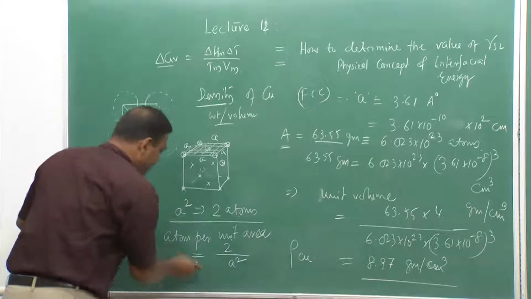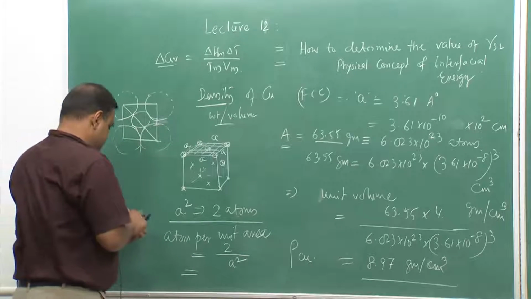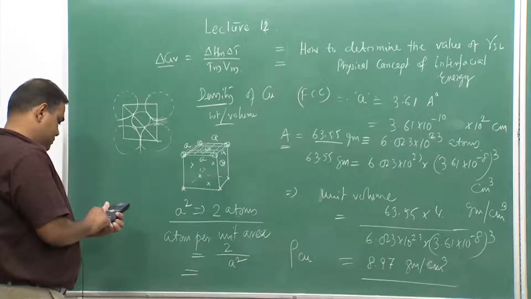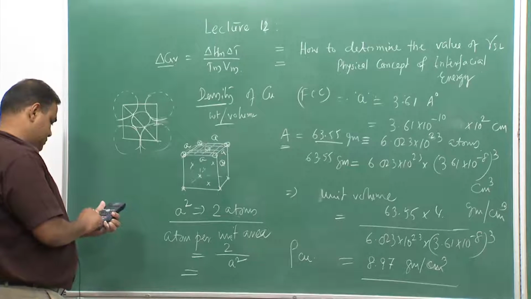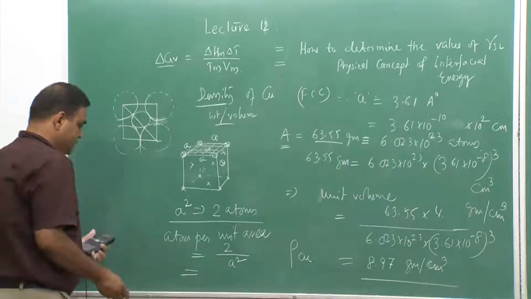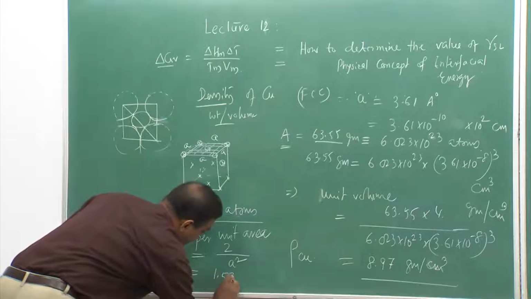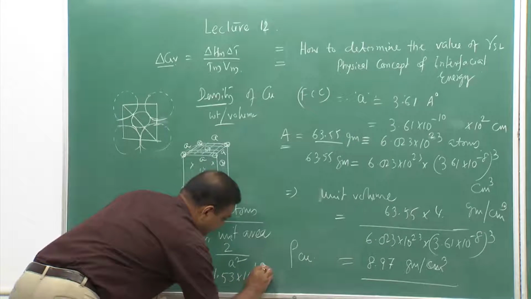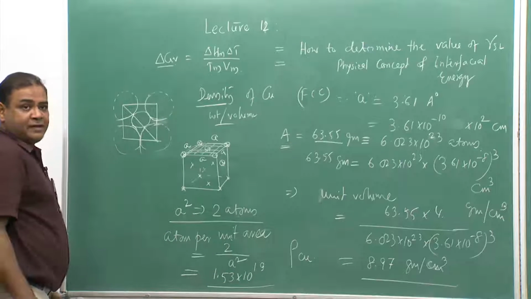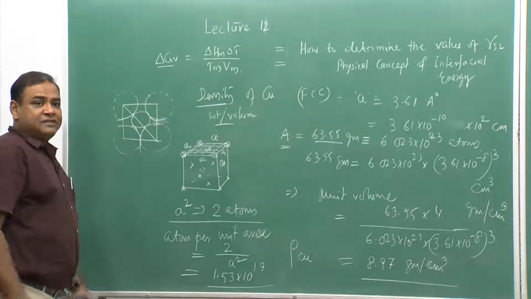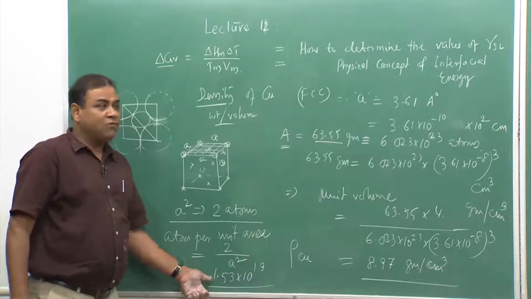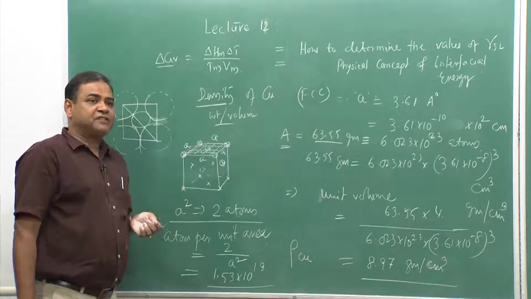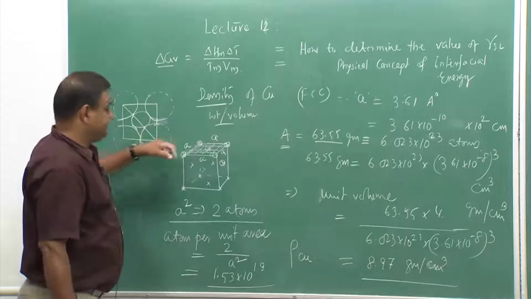If we calculate this, it would become 1.53 × 10^19. So, this will be required for our calculation of surface energy of this surface.